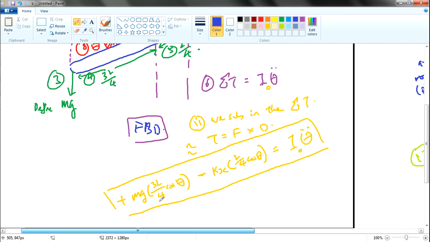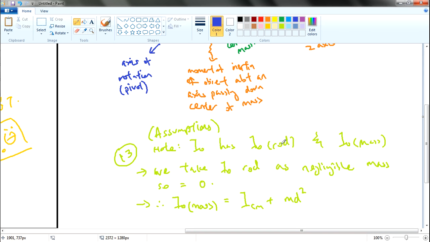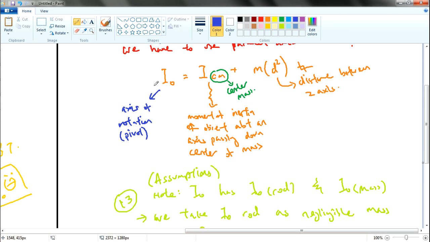But we are more concerned with the mass rather than the rod itself, because the rod is negligible. We don't assume that the rod itself has any mass, so therefore this whole thing becomes zero. Just let you know that I naught rod contains one equation, and I naught mass also contains one equation.